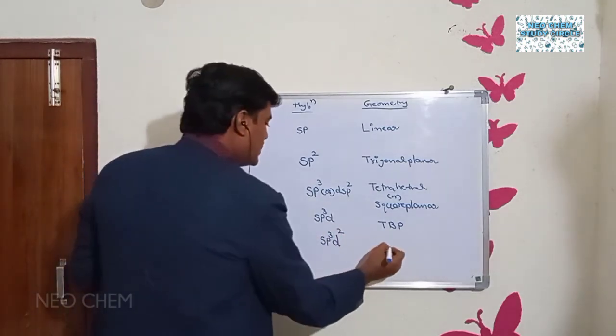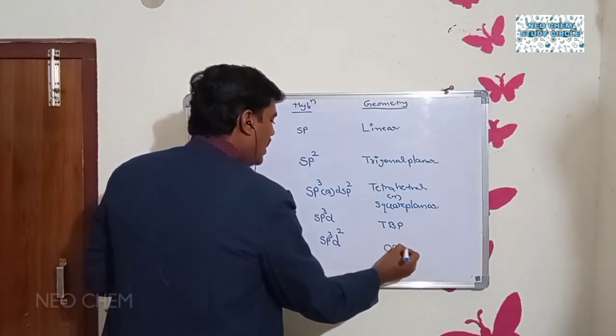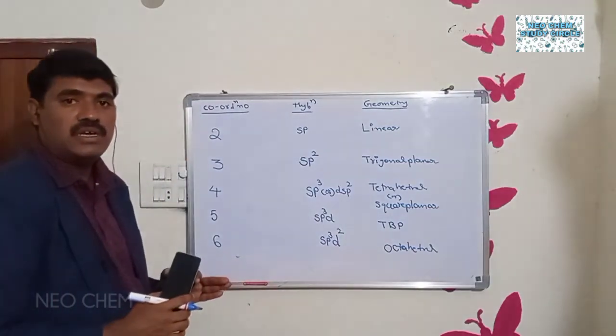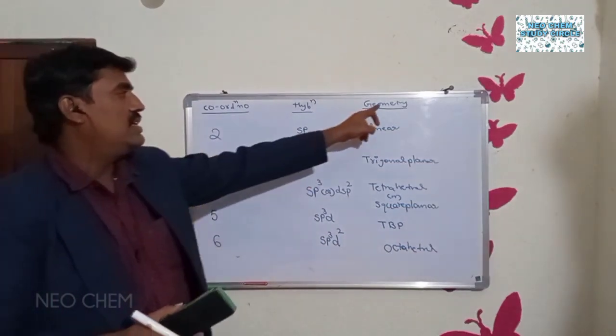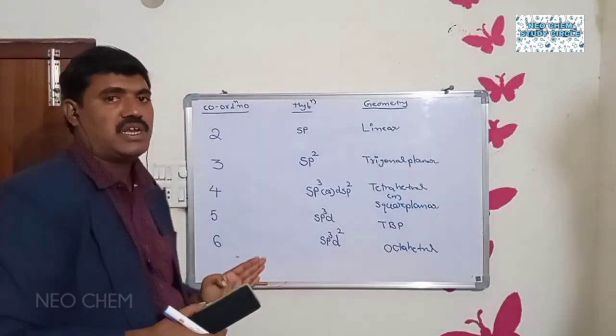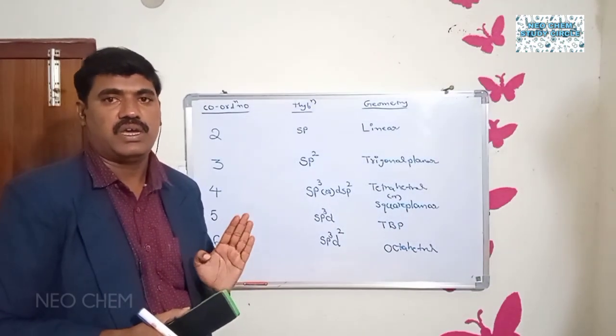So the geometry is octahedral. So thus we can decide the geometry of complex compounds based on the coordination number.